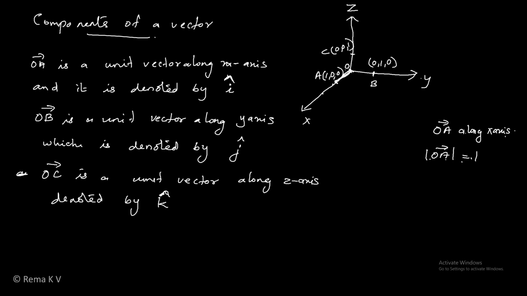So the unit vectors along the x-axis, y-axis and z-axis are denoted by I cap, J cap and K cap. Always remember this notation. I cap is a unit vector whose magnitude is 1 in the direction of the x-axis. J cap is a unit vector, magnitude 1 unit along the y-axis, and K cap is a unit vector along the z-axis.